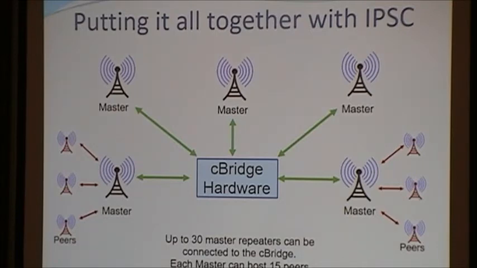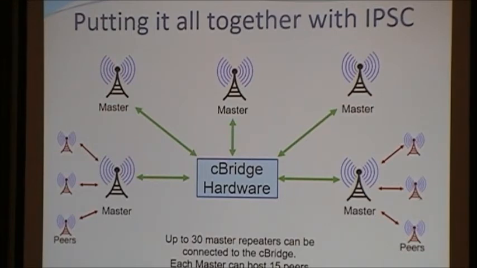With the masters all along here, those all come back to the C bridge, which is in Cheyenne. When this repeater has something on it, it goes to here. The C bridge says, am I listening to 3156? And if so, then let's route it. It may say, oh, I'm listening to talk group 100, and it's local, so it doesn't do anything.